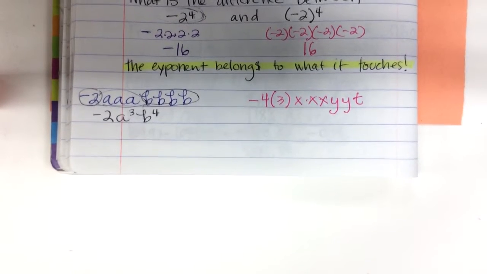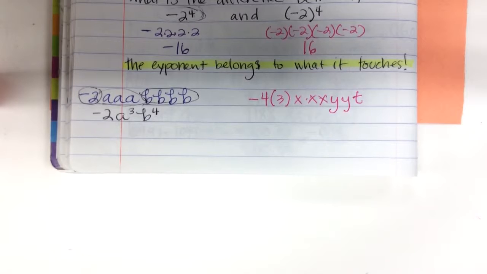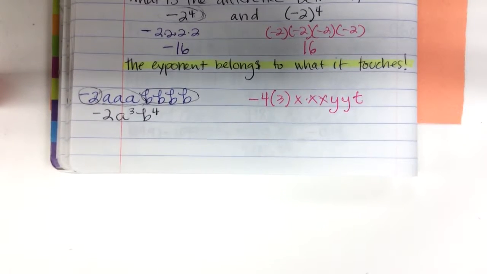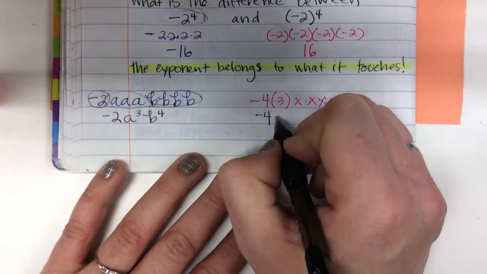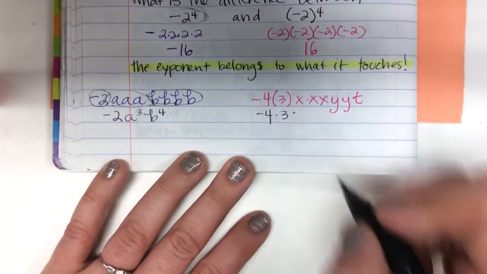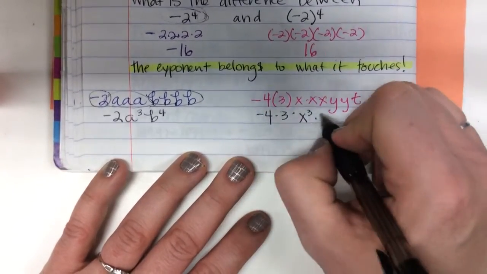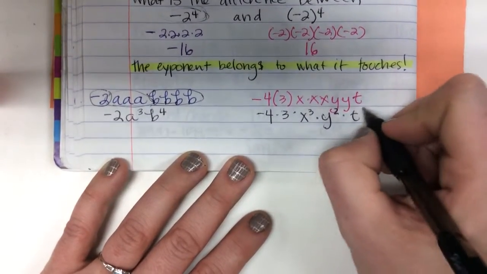Negative 4 times 3 times x times x times x times y times t. How would you write that? Negative 4 times negative 3 times x to the 3rd times y to the 2nd times t to the 1st, right?